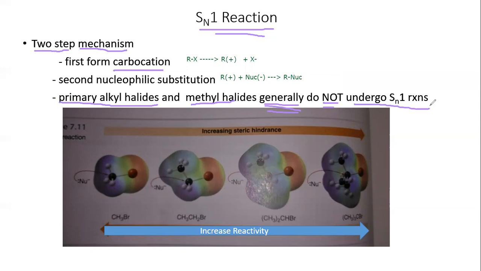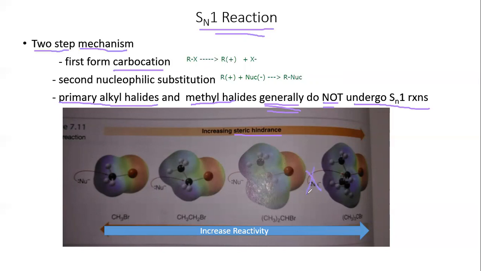And the reason they don't undergo SN1 reactions is because of the stability of the carbocation. So as you increase what is called steric hindrance, the bulkiness of the alkyl halide, you increase its reactivity.